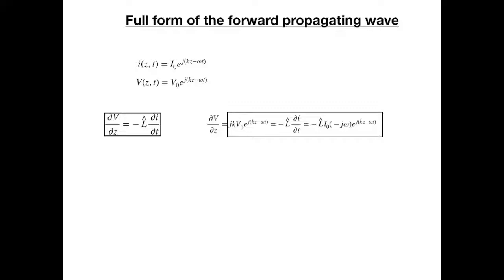And the derivative with respect to t is multiplying by minus j omega. So the telegrapher's equation gives us a relation between the voltage amplitude and the current amplitude, and this is the relation between them, written a little more nicely.